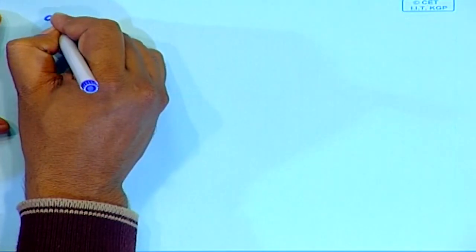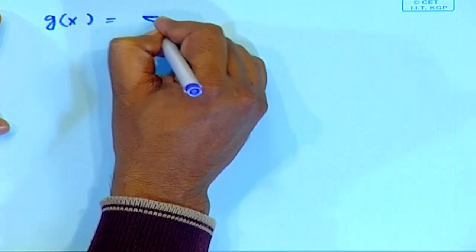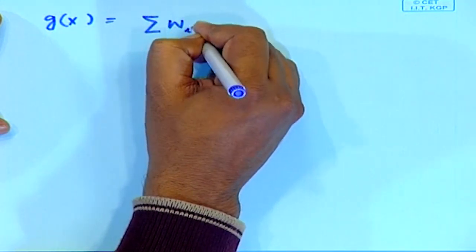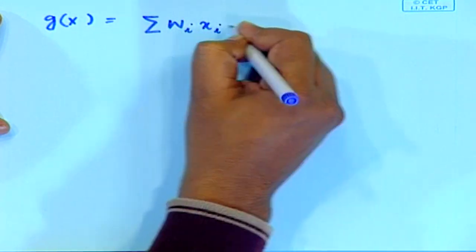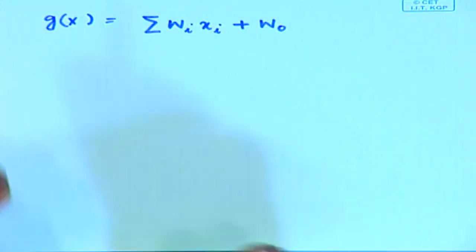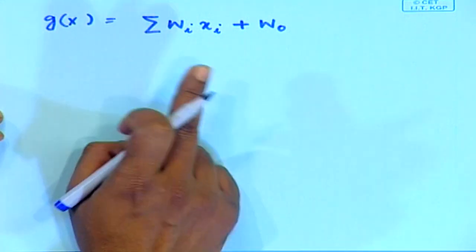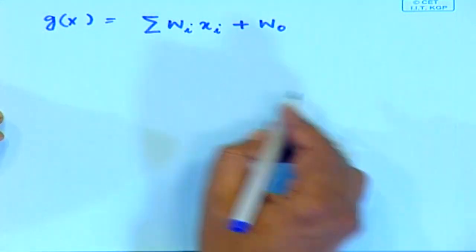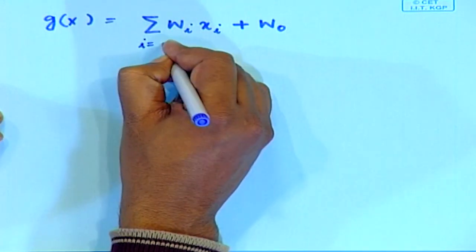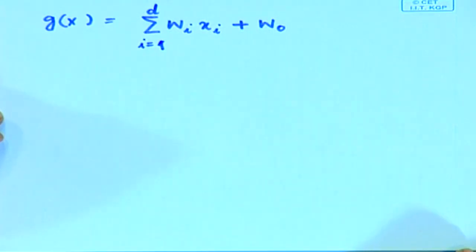g of x is equal to sum of Wi xi plus W0. Do not confuse W with omega. Okay. So, it becomes sum of Wi xi plus W0, where i varies from 1 to d, because I have d number of components in the feature vector.